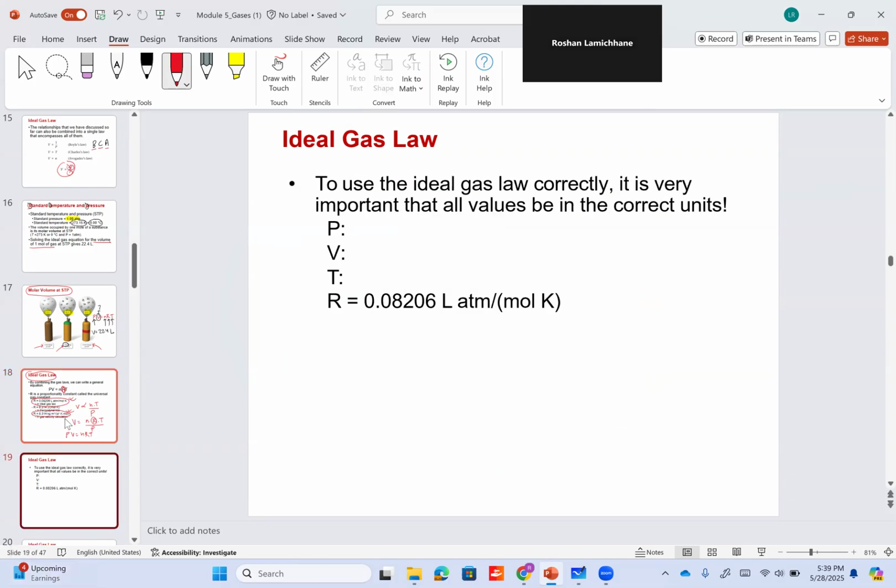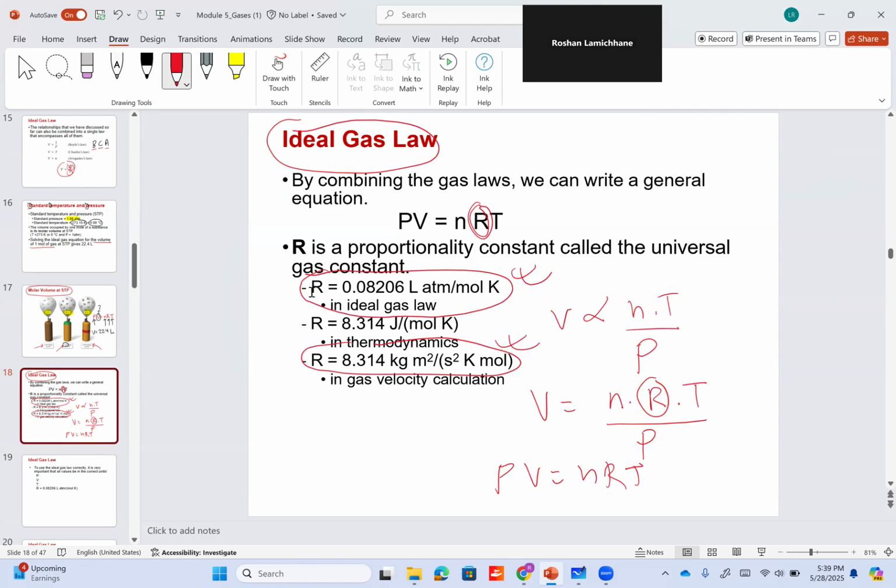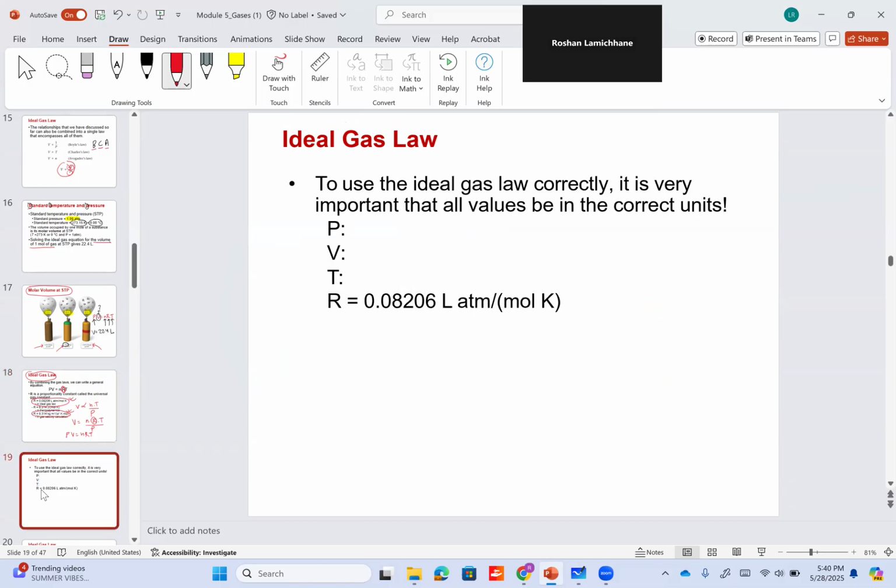Now, if you look at the top unit, we have R equals 0.08206 liter atm per mole times Kelvin. To derive this unit, in our ideal gas law, the pressure has to be in atm, the volume has to be in liters, temperature has to be in Kelvin, and n is always in moles.